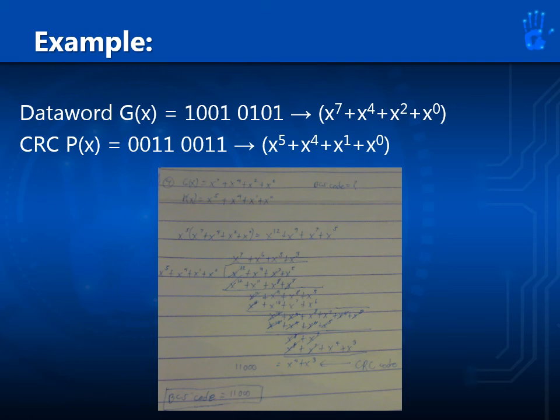For the zeros, we will not include them since, for example, x raised to 1 times 0 is equal to 0. And then for our CRC, we'll do the same thing. We'll find the polynomial equivalent of 0011 0011. It's x raised to 5 plus x raised to 4 plus x raised to 1 plus x raised to 0.